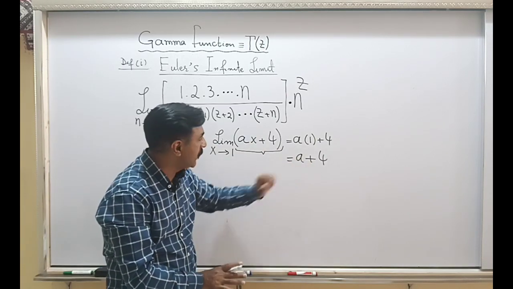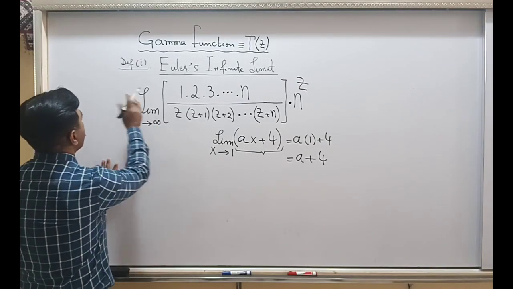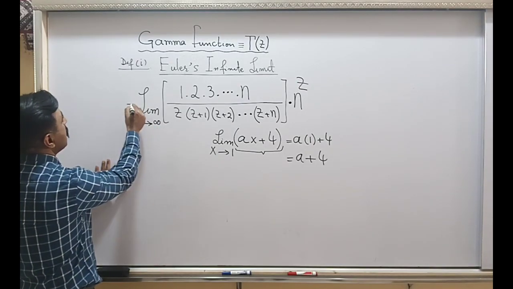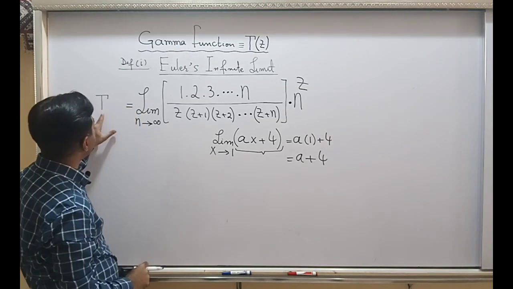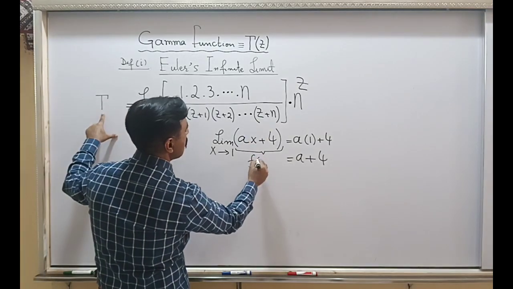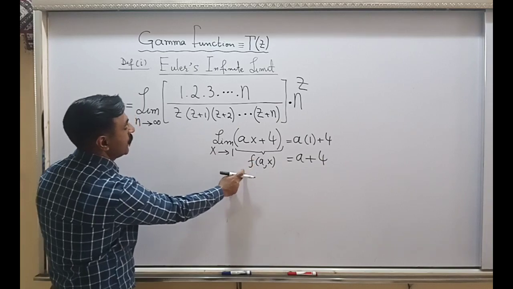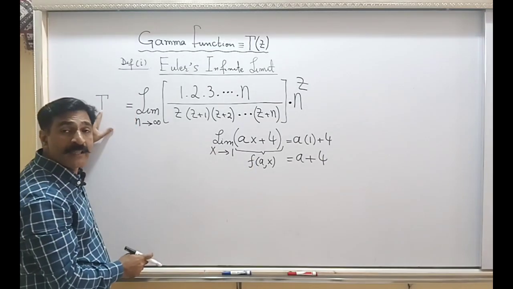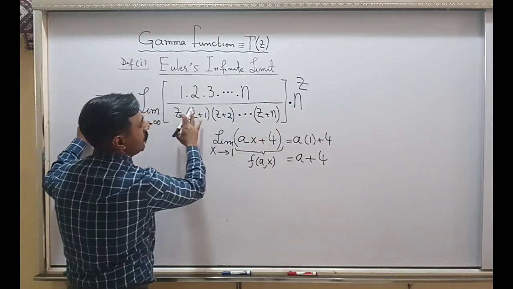Right? Similarly, when you apply this limit, whatever you get will be some function, and the symbol for that function is gamma, just as you write it as a function of a and x. And for the symbol f, we have the symbol capital gamma, and n will not be here now.